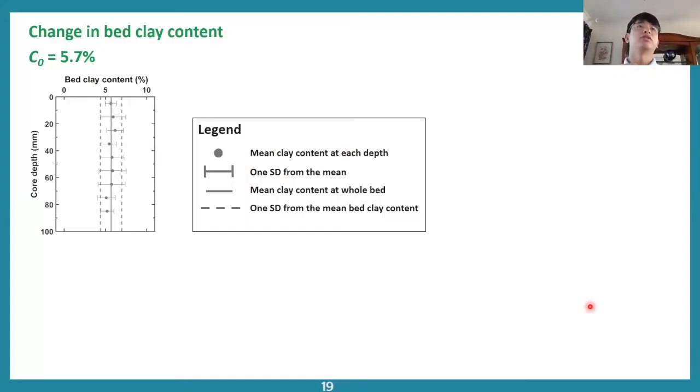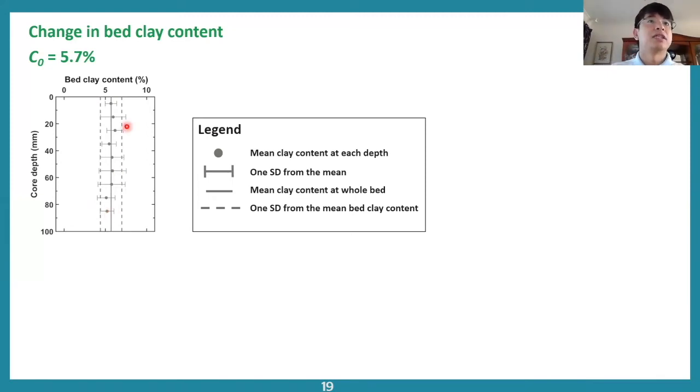Okay, let's move to the change in the bed clay content. Firstly, we focused on the initial clay content of 5.7%. This plot shows the vertical profile of the clay content below the flat bed just before the experiment.